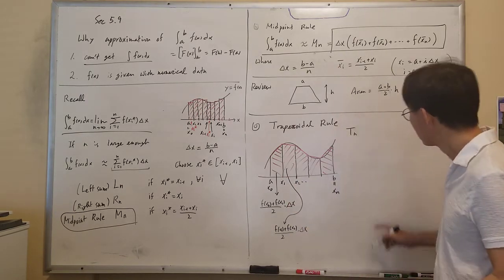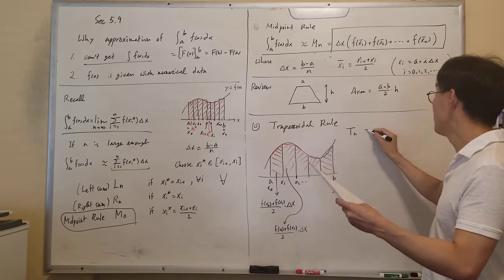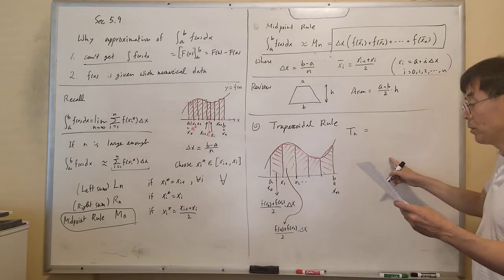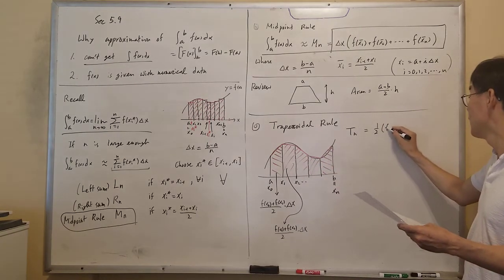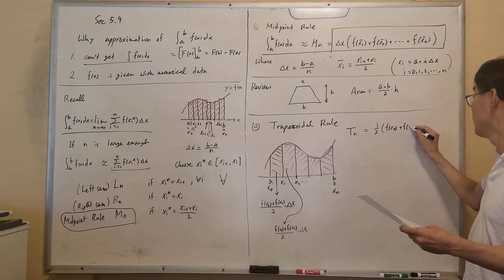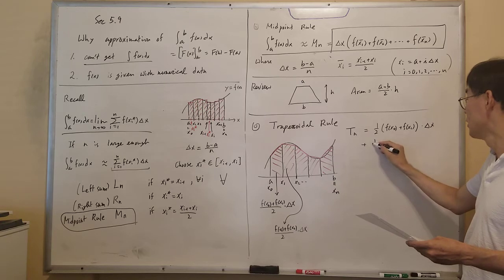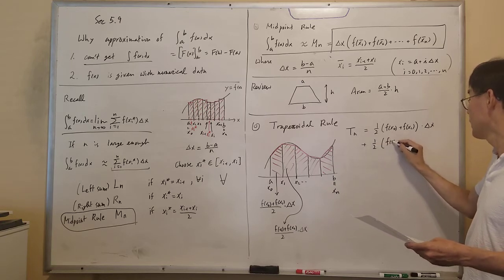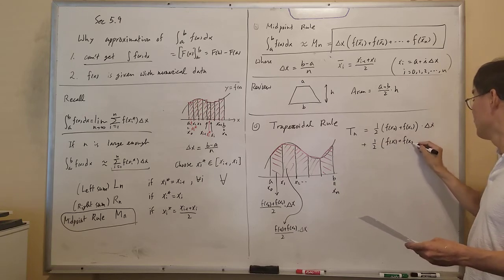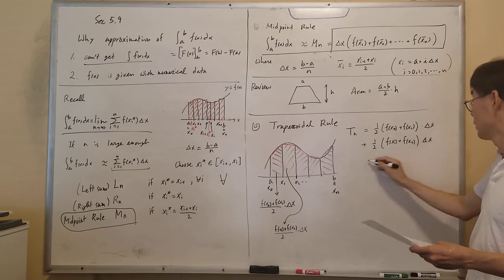Okay? So the sum of these areas of the trapezoids will be 1/2 times (f of x0 plus f of x1) times delta x, plus 1/2 of (f of x1 plus f of x2) delta x.